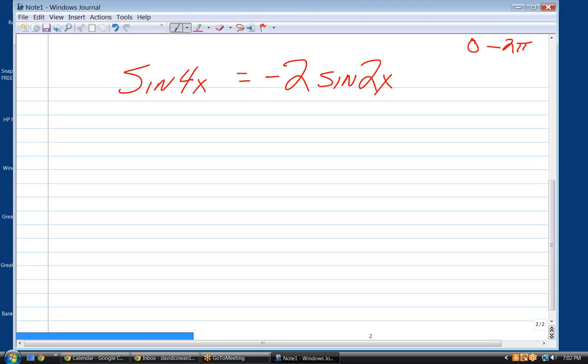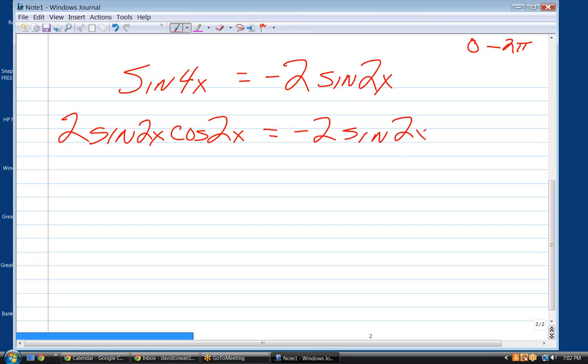Let's see. We use the double angle formula. Now let's just play around here. If I make this 2 sine of 2x cosine of 2x, might be a place to start. Then I've got minus 2 sine of 2x. Well, I can certainly divide both sides by 2.